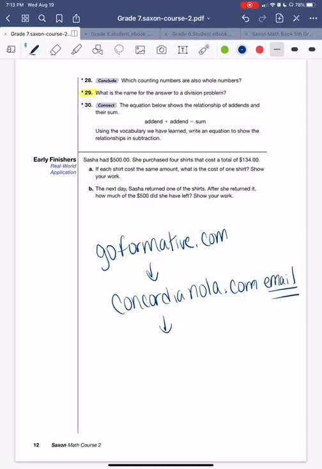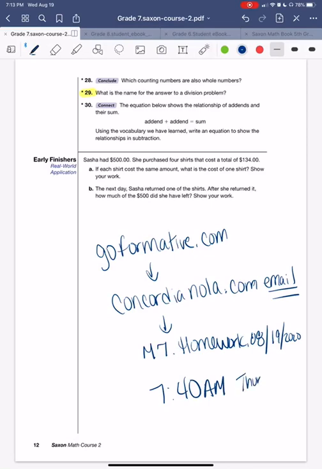And then you should see your M7 homework. That is for 18, 19, 20. All right. Get that homework done. Remember, homework is due by 7:40 a.m. on Thursday. Please turn in your homework.